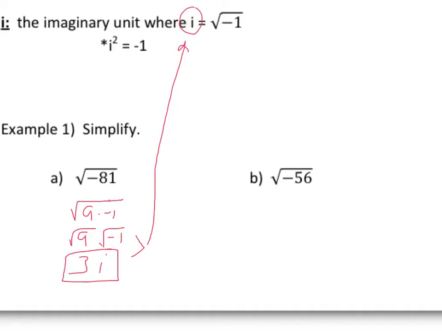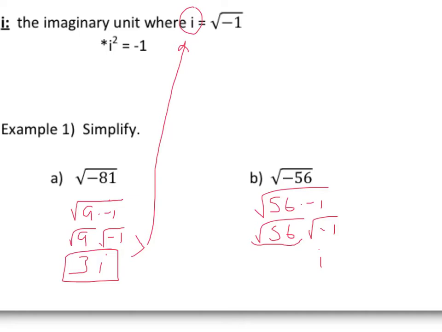Whenever we have a negative, the i is going to come out, so the root of negative 1 is going to turn into i. That is the first part. You still have to deal with the positive part. So root 56, you ask yourself, what's the largest perfect square that goes into 56?